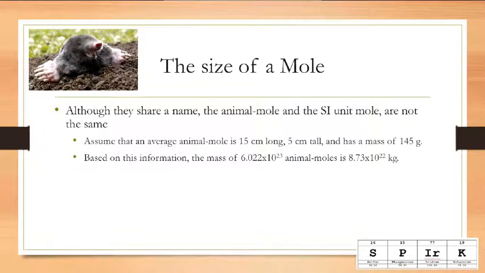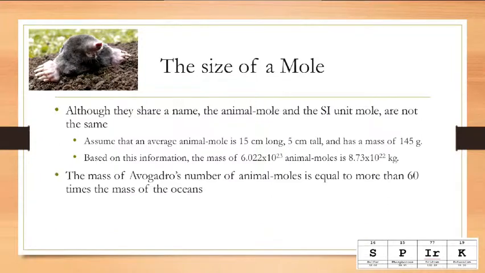Based on this information, the mass of 6.022 times 10 to the 23rd animal moles is 8.73 times 10 to the 22nd kilograms. The mass of Avogadro's number of animal moles is equal to more than 60 times the mass of all of the water in the Earth's oceans.